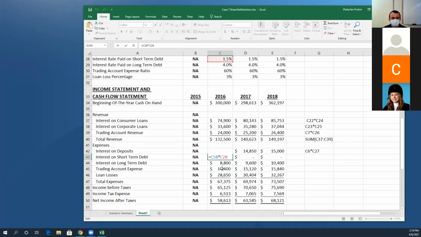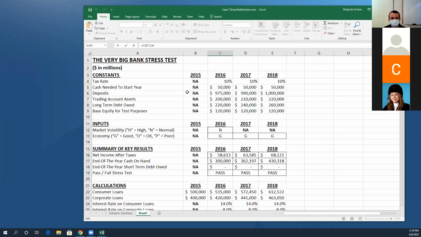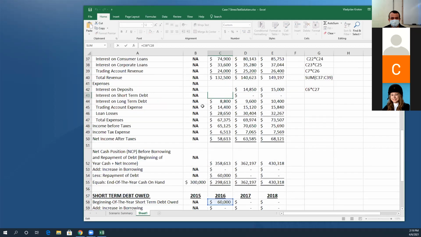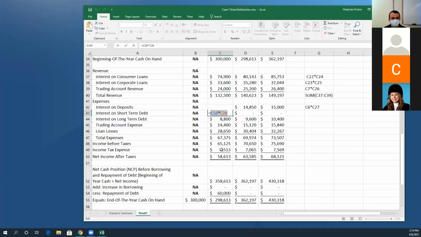Okay, interest on short-term debt, it's C58 times C28. So it's your interest rate paid on short-term debt, and the short-term debt, the money that you're borrowing, is in this cell. Okay, so we'll talk about it later. Now, the reason this line is blank is that you're not borrowing anything, given those conditions for these 2 years. So that's why it's empty, there's nothing there, okay?